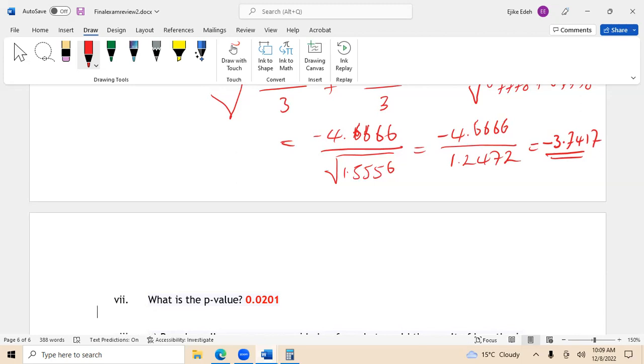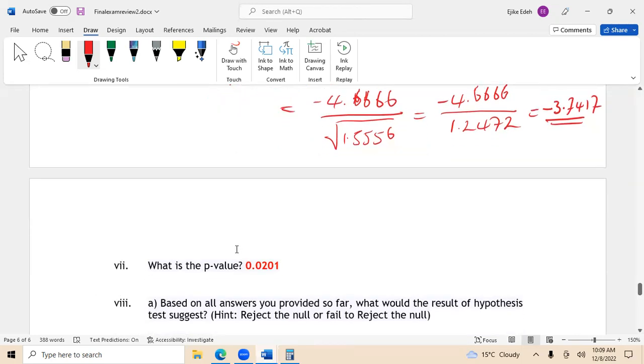We can confirm that by writing it down here. The way we look for it in Excel, remember, using Excel, we use t.dist. This is where it's important to remember that you're doing two-tail.